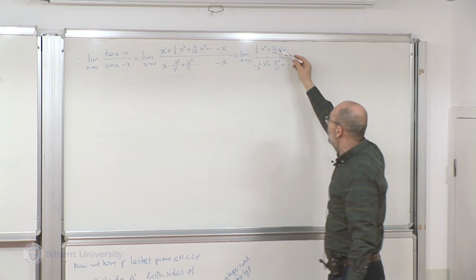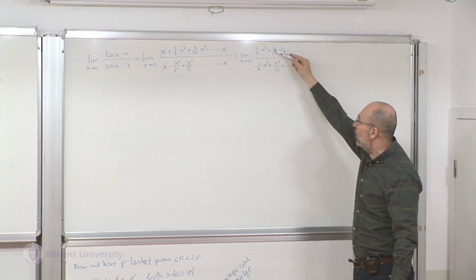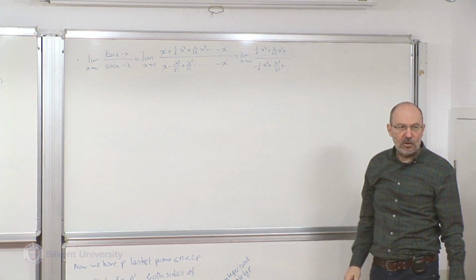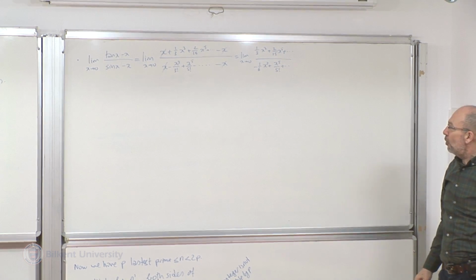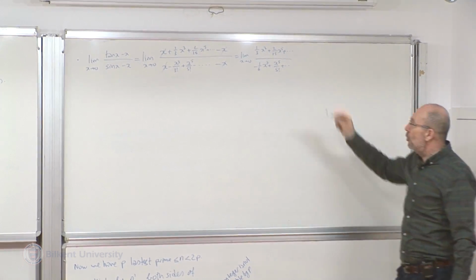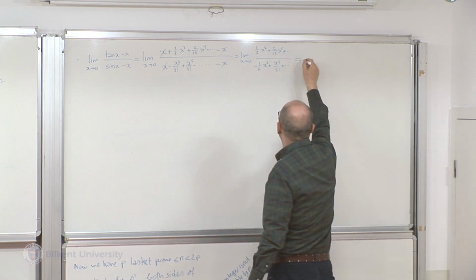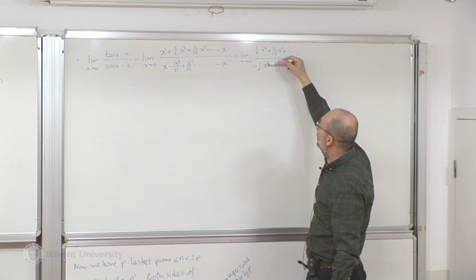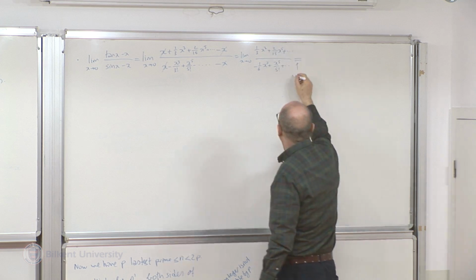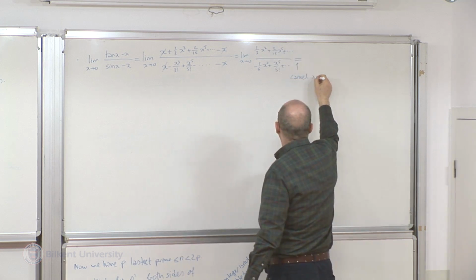Okay, so in fact you don't have to write these things. You can put an asterisk here to remind yourself that all of those things have powers of x larger than 3. So you cancel. So you can bypass this step because in your mind now you cancel x cubed.